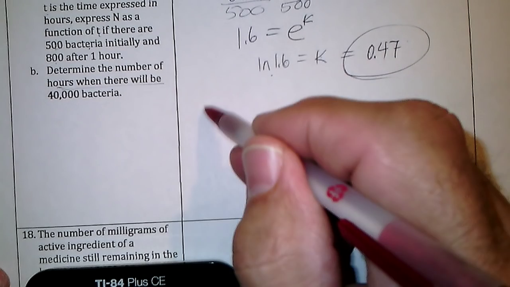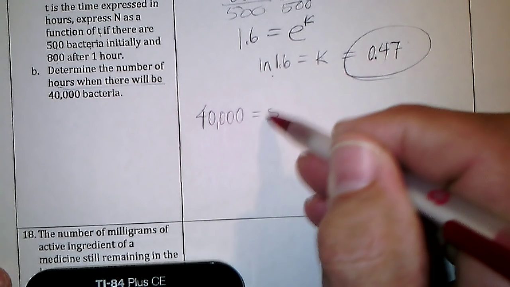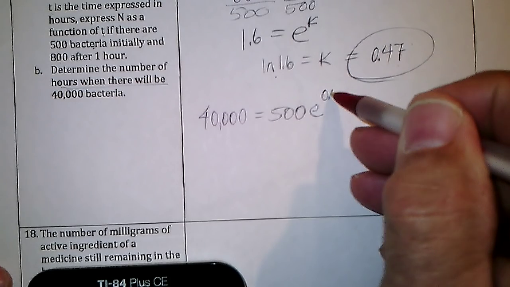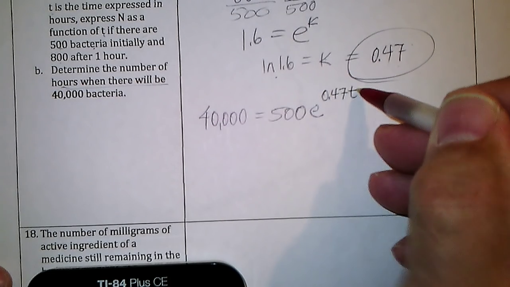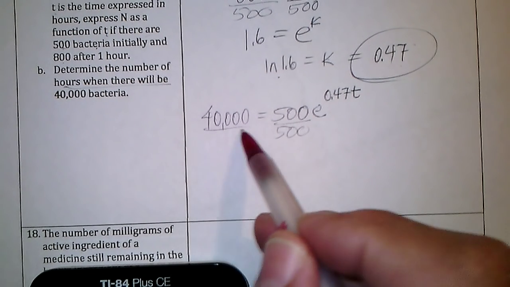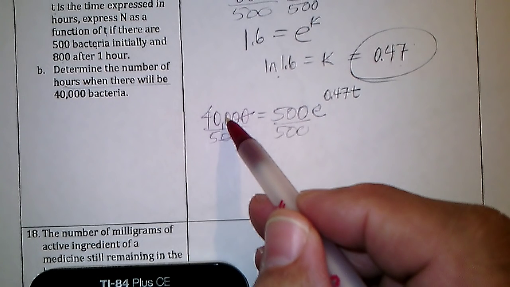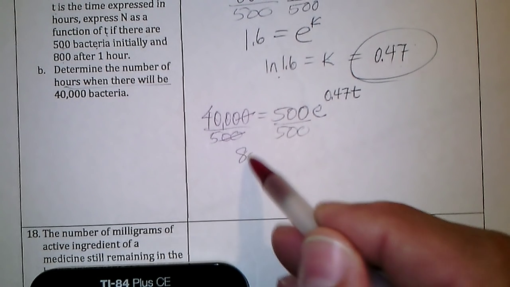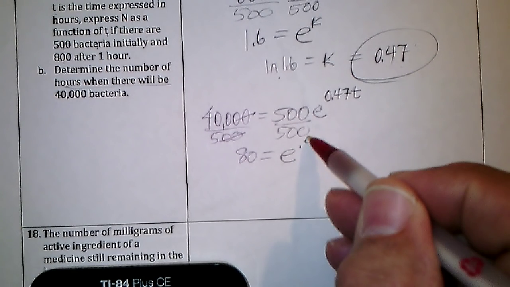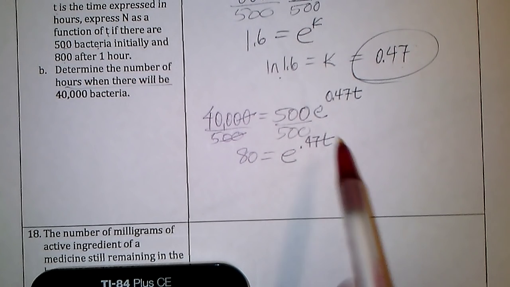So we would have 40,000, assuming we're still starting with the 500, e to the 0.47 t. So we'll divide by the 500. So that's 80 equals e to the 0.47 t. T is in hours.